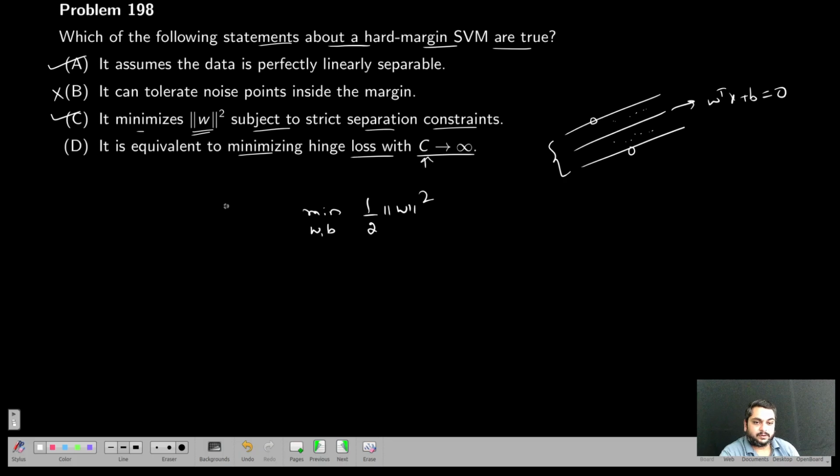Yes. For soft margin support vector, we write it like this: C times the penalty zeta i. This is how much violation it has created and how much penalty it has to pay. So as this value approaches infinity, it acts as the hard margin.